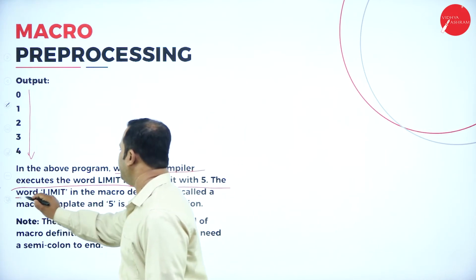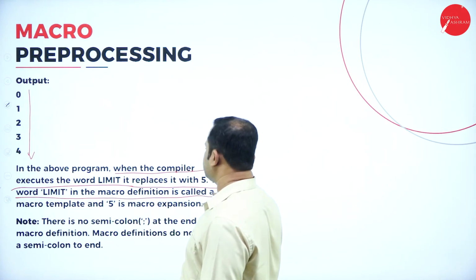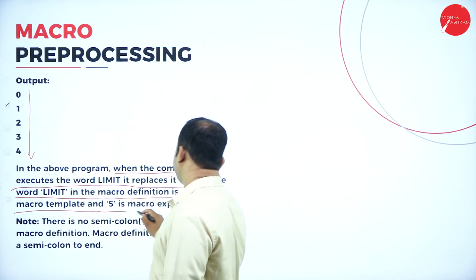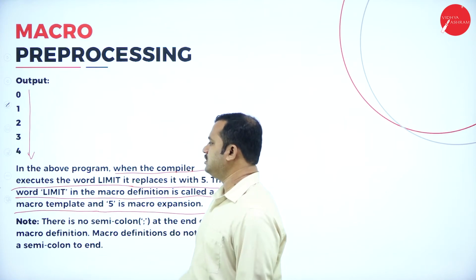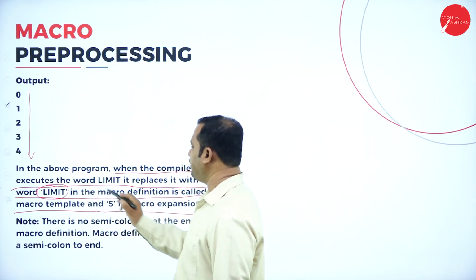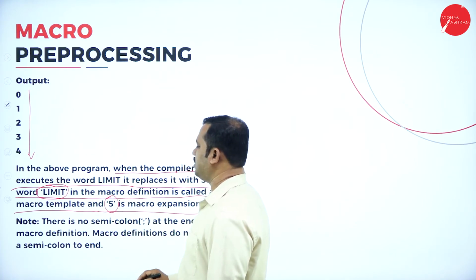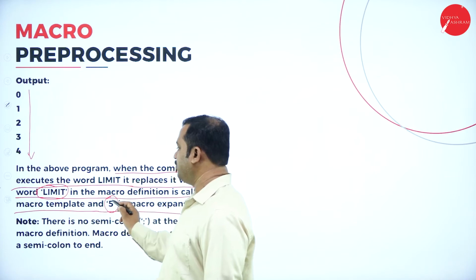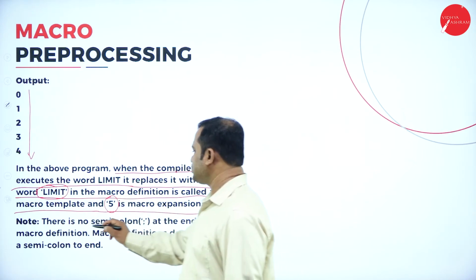The word LIMIT in the macro definition is called a macro template and 5 is a macro expansion. LIMIT is called a template and the value 5 is called a macro expansion. Wherever LIMIT is encountered, the value 5 replaces it.